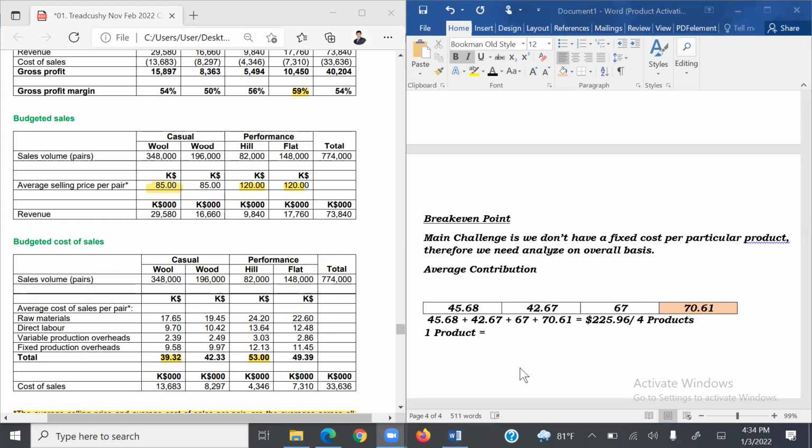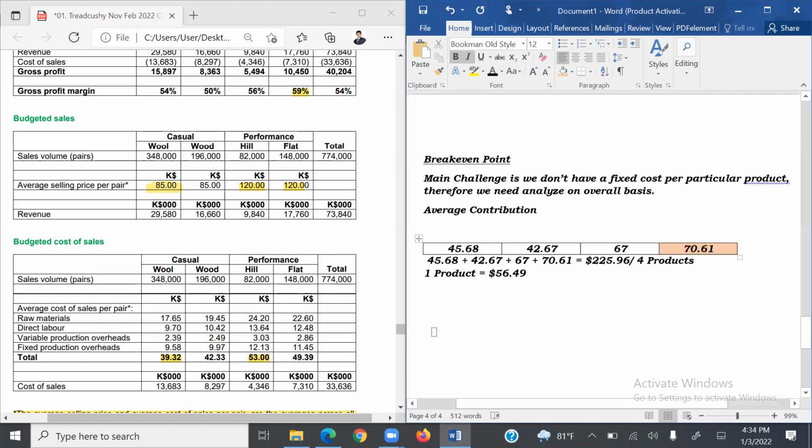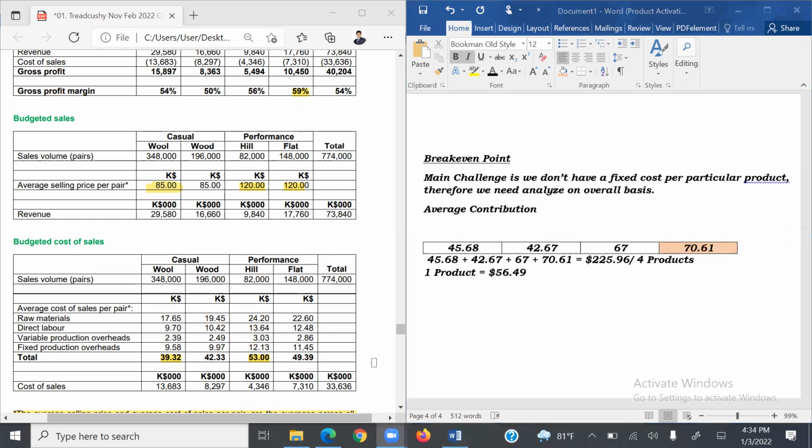It is giving you an answer of $56.49. So I will put here, it is $56.49. Students, are you clear with the average contribution? I think that is fine for you all. So thank you very much.